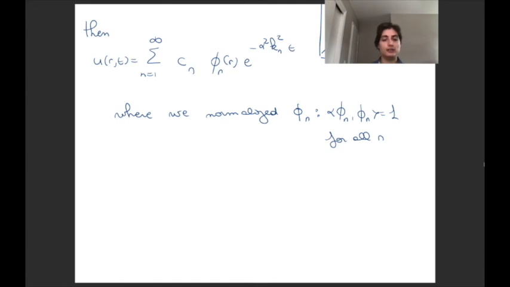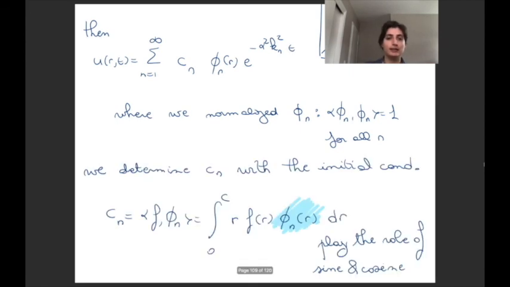And if we normalize phi_n in such a way that the inner product of phi_n by itself is equal to 1 for all n, then we can write C_n as the inner product between f and phi_n, that is the integral from 0 to c of r times f(r) times phi_n(r), where phi_n plays the role of sine and cosine that we have seen before. So we're really using all the build-up of the Sturm-Liouville problem that we have seen up to now. And if we define the C_n's like that, then we're satisfying the initial conditions.